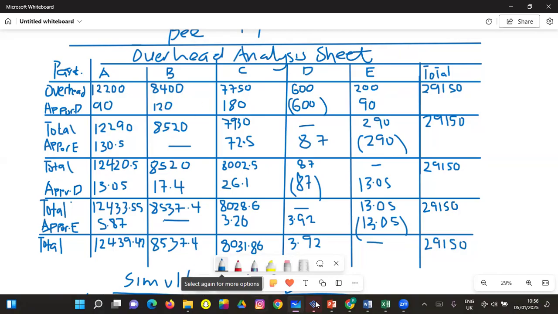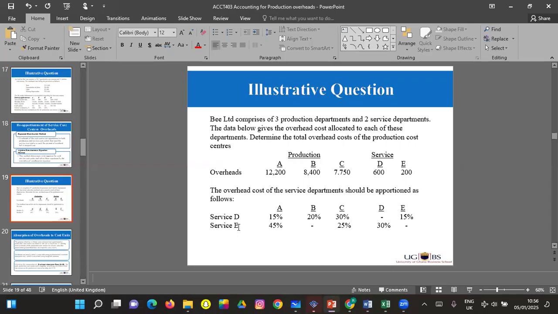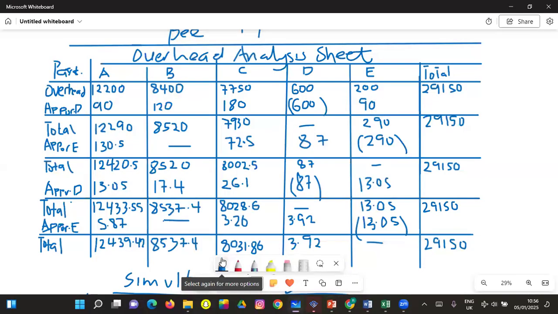We also use the same basis of apportionment: 45% on A, 25% on C, and 30% on D. That's what we are going to do, the same thing here. So we are going to get 130.5, 72.5, and then 87, right? After everything, we also had another figure for service department D, so we have to reapportion it again.